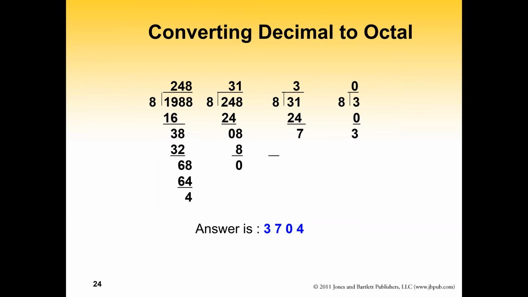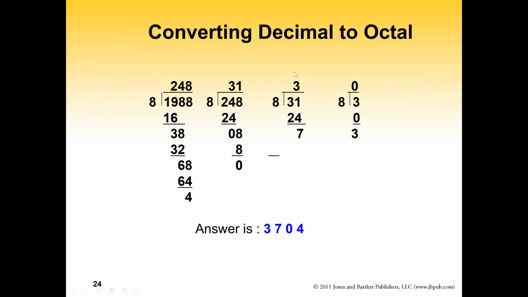When you divide the value by 8, the possible remainders will be 0 to 7. When you divide the number by 16, the possible remainder will be from 0 to 15, which is F, from 0 to F. If you divide a number by 2, which means I'm converting decimal to binary, then I can divide by only 2. The remainder will be 0 and 1.